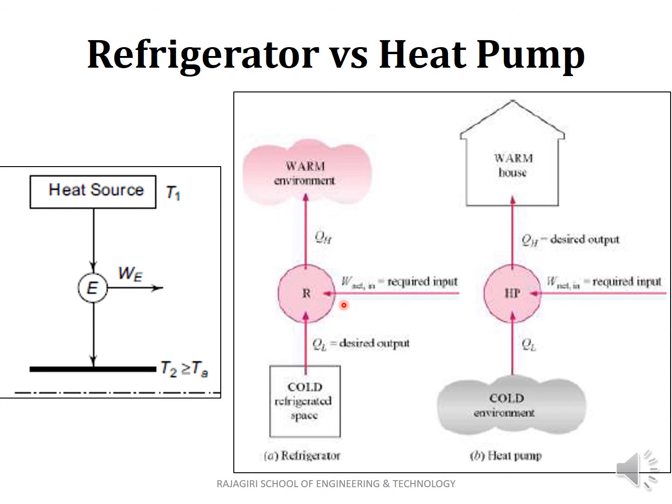The difference is the purpose of operation. When we use this machine for cooling purpose, then it is called a refrigerating machine, or a refrigerator simply. If the same machine is used for heating a house or a space, then it is called a heat pump. So you can see here, this is the desired output of a refrigerator.